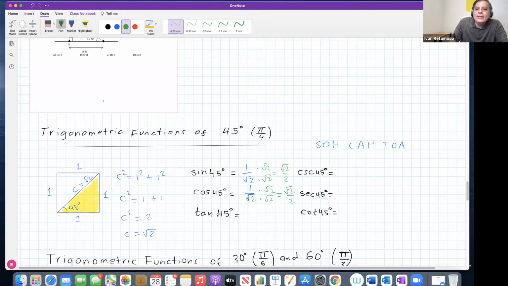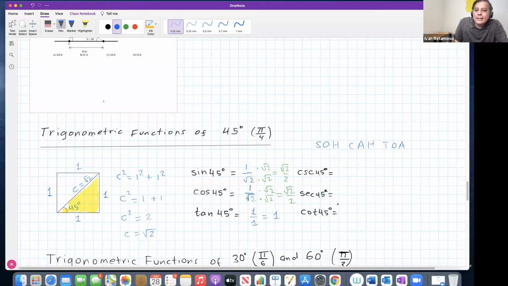Great. Tangent, opposite over adjacent. Opposite is 1, adjacent is 1, so 1 over 1. Look at this surprising result, 1, right? So I want you to be aware, guys, that sine of 45 degrees is square root of 2 over 2. Cosine of 45 degrees is square root of 2 over 2. Tangent of 45 degrees, 1.